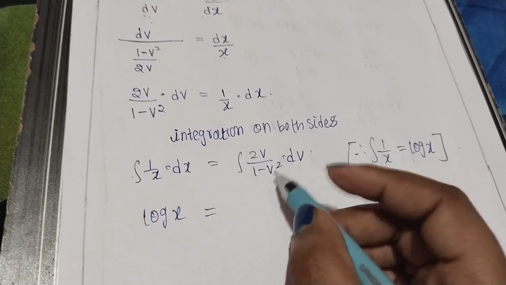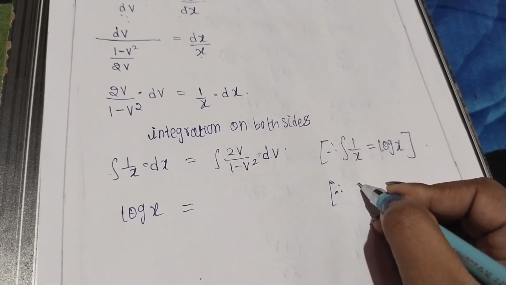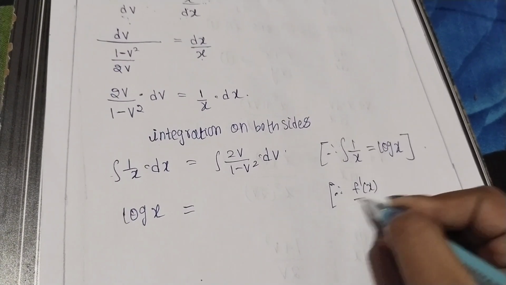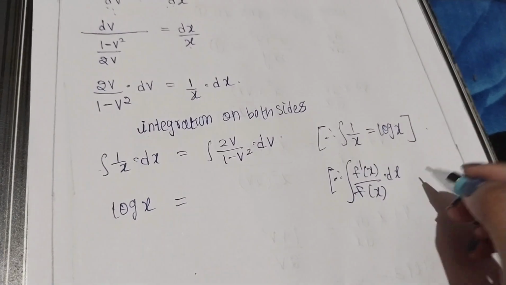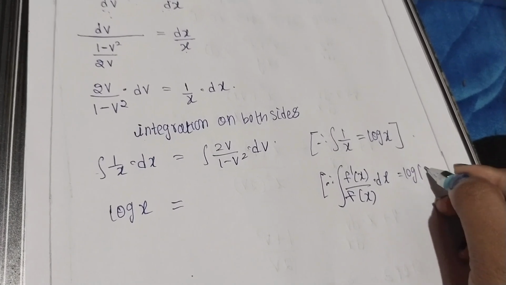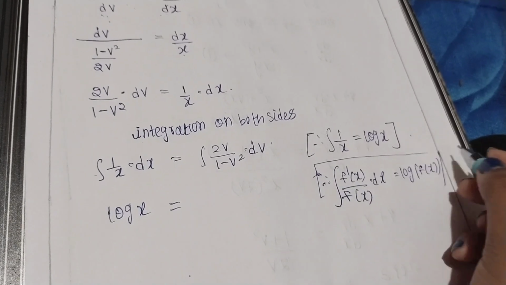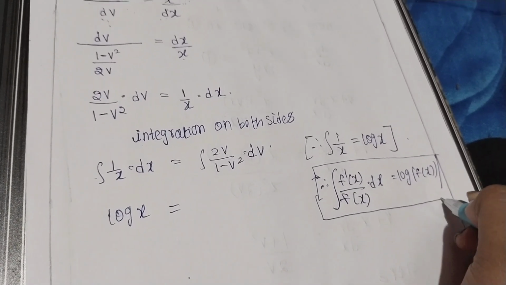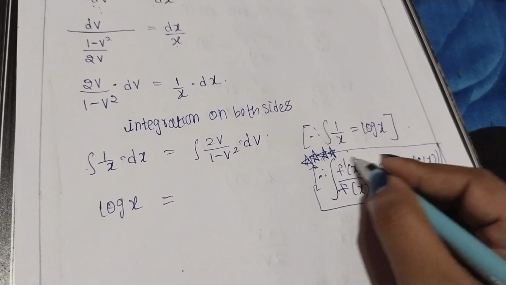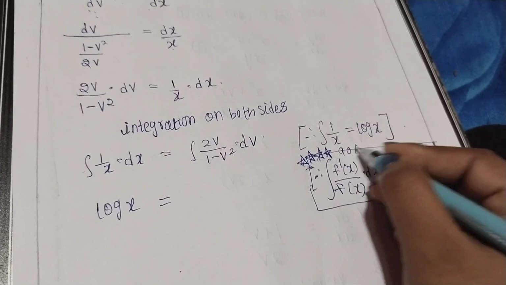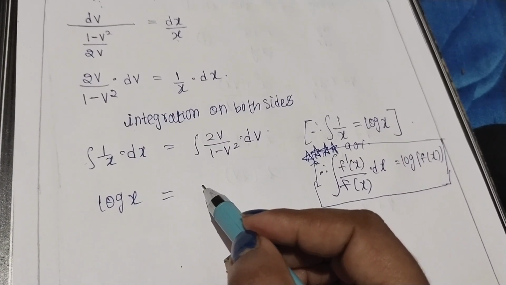Now we have a popular, famous and most important formula: the integral of f dash x divided by f of x into dx equals log of f of x. This is the important formula which we need to learn. It's a very, very important formula. I think we should match most probably 90% of sums in M2 with this in chapter 1.